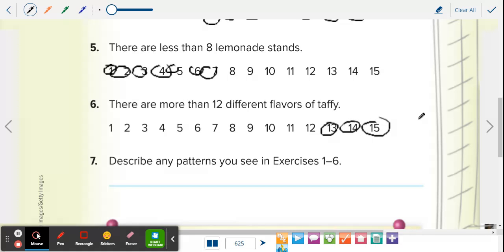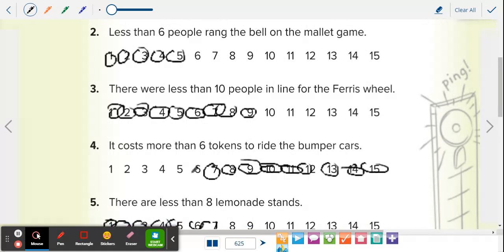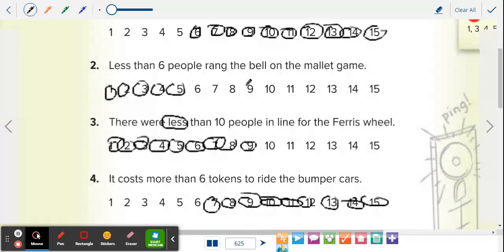Do you notice any patterns here with these? Are there any patterns? Okay, what are they? So we're not circling the one they're actually mentioning in each of the problems. Each one, we did not circle that one. It was either to the left or the right, because it depends on these words right here.